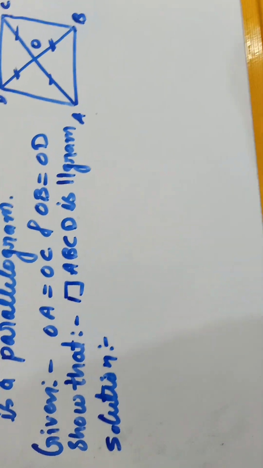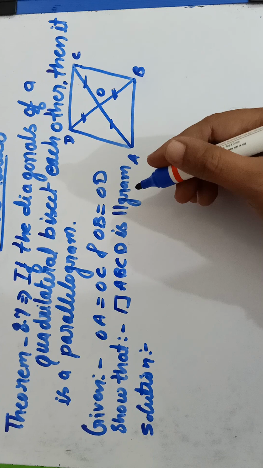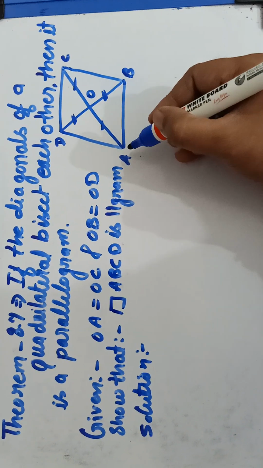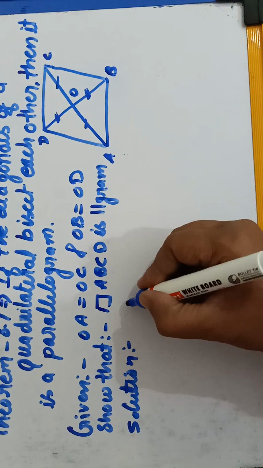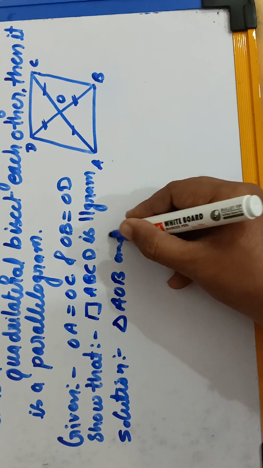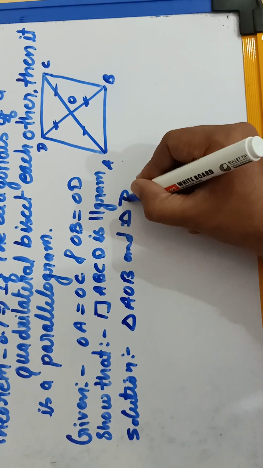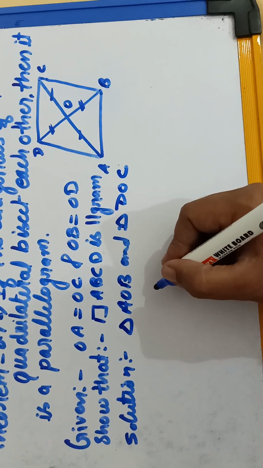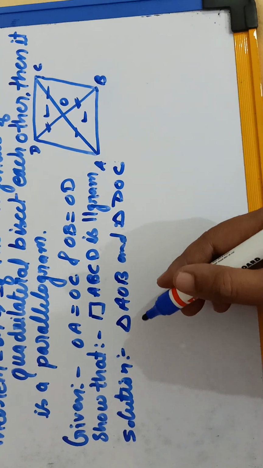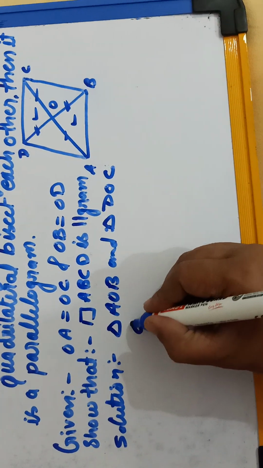We will see the approach of the congruency to show this ABCD is a parallelogram. Let's take any two opposite triangles. I am taking triangle AOB and triangle DOC. In these two opposite triangles, you can see very clearly that OB is equal to OD.